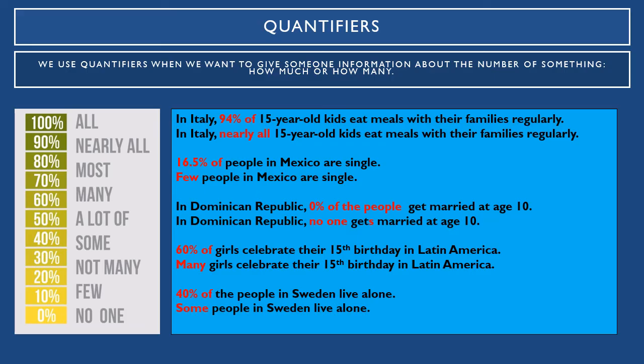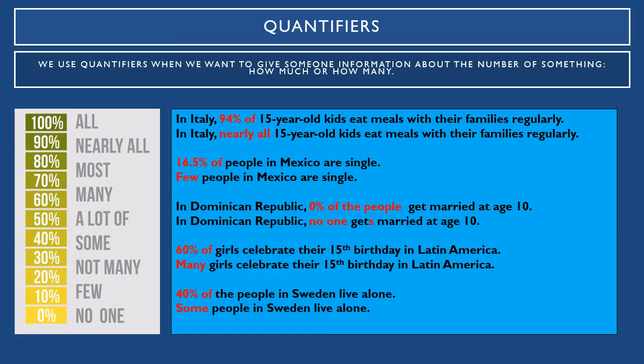Now remember, when we say no one, we can mention the subject. What is the subject? In this case, in this sentence, the subject is people. But in the second version, we cannot say in Dominican Republic, no one people. No, that is incorrect, because no one represents the subject. No one is the subject in this case, so we cannot use people.